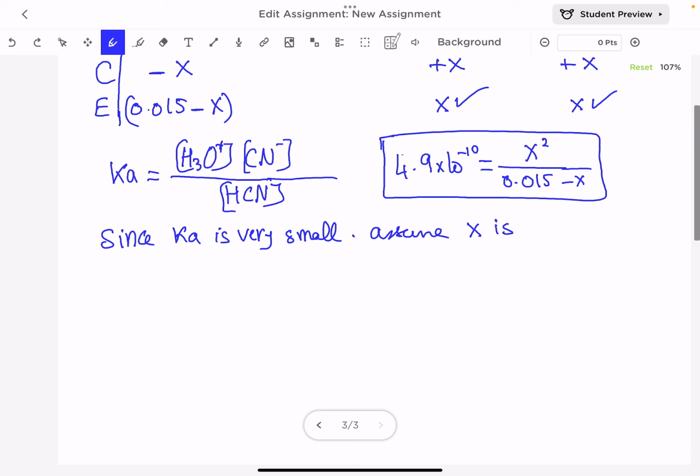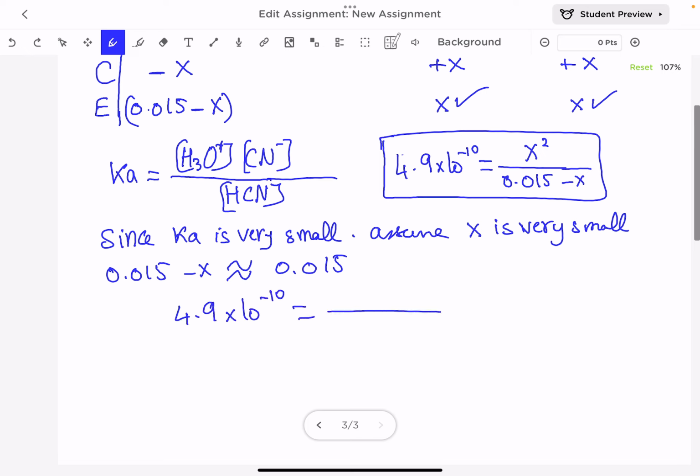Assume that X is very small, and in this case, 0.015 minus X is going to approximately stay the same. So when we do this, we make our calculations much easier. So X squared over 0.015.